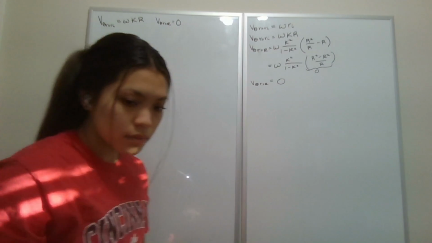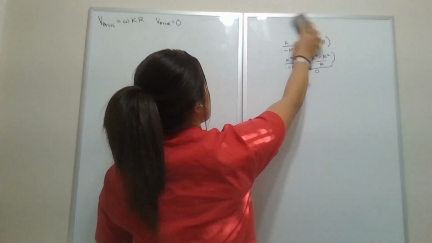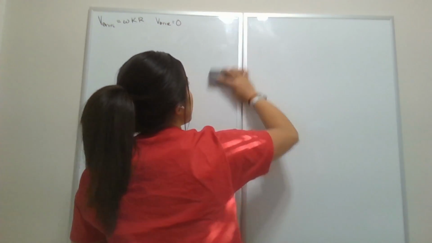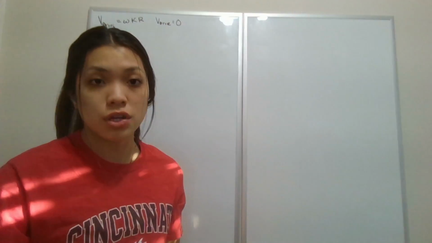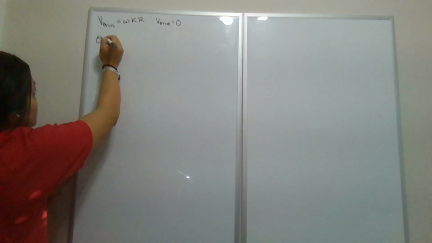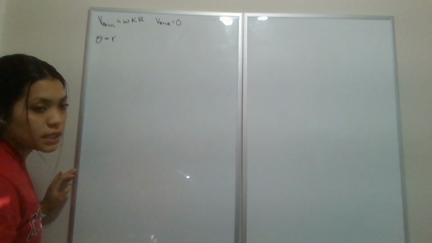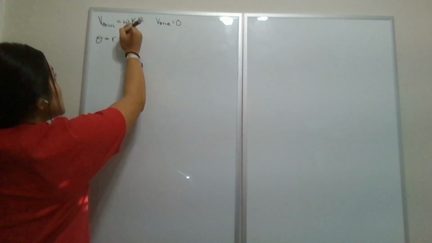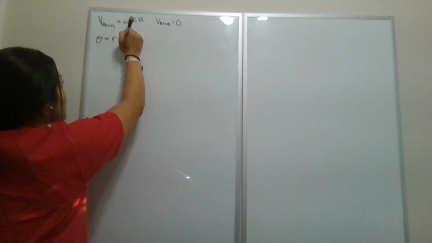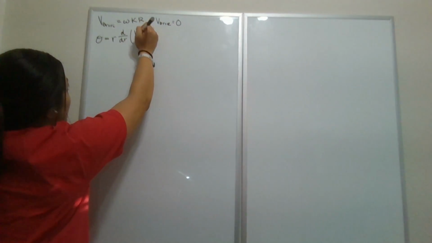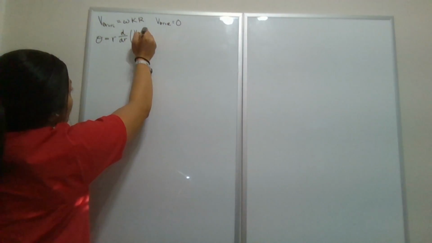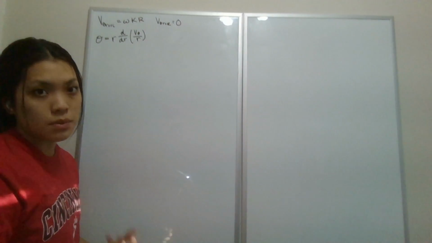So in our problem statement, we are also given the definition of the shear rate in cylindrical coordinates. So we are told that that is the radius times the derivative of the velocity divided by the radius with respect to the radius.